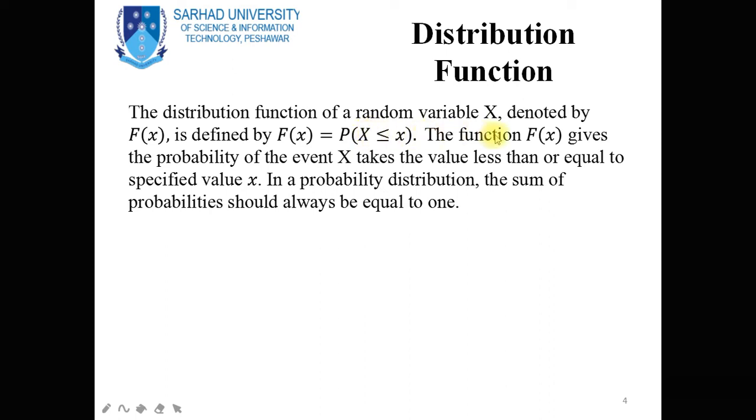Now, the function F(x) gives the probability of the event that X takes a value less than or equal to a specified value x. In a probability distribution, the sum of all probabilities should always be equal to 1.